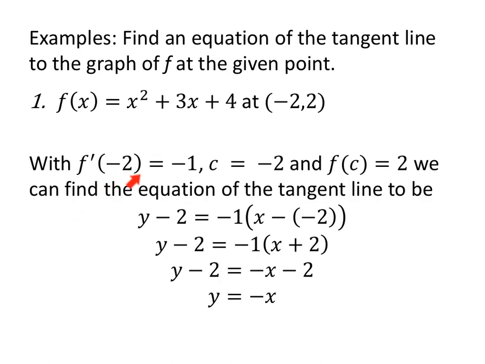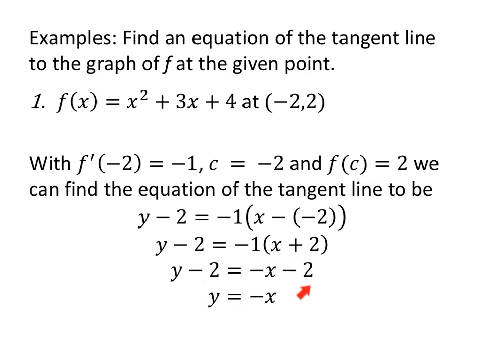f prime of -2 equals -1, a c value of -2, and an f of c value of 2. We have y minus 2 equals slope, the derivative -1, times (x minus -2). In my next step, I just change the subtracted negative to adding. Distribute the -1, so I have -x and a -2.